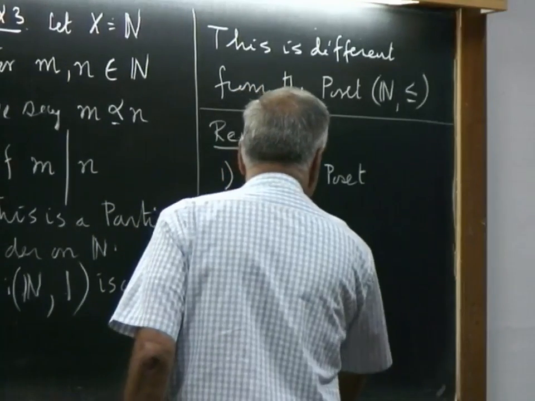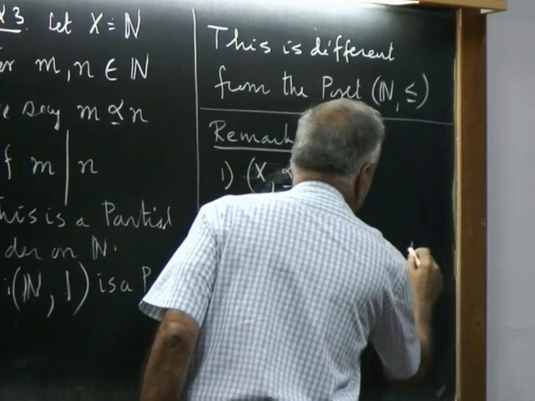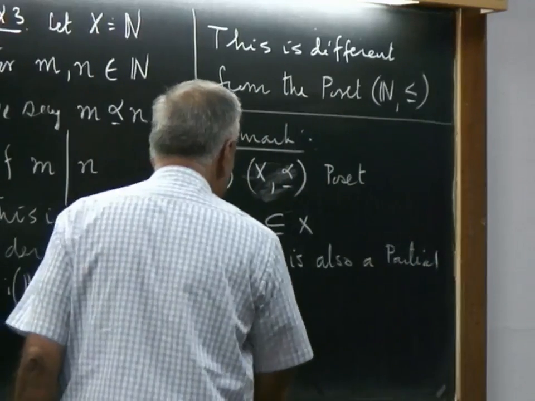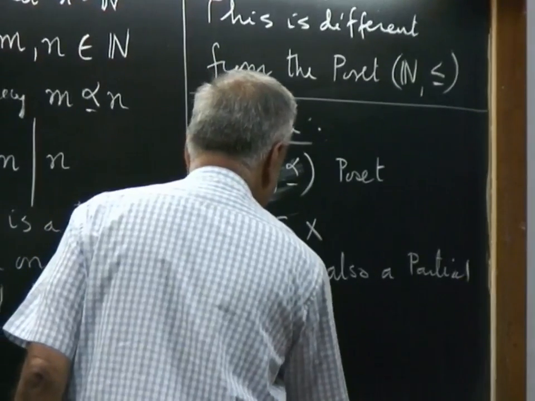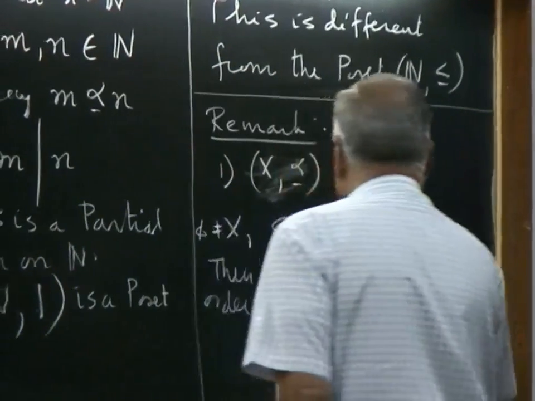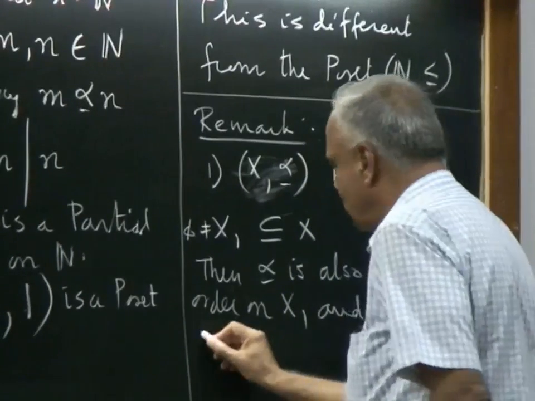Of course, I am taking X1 to be non-empty. So, it is a partial order on X1, and X1 with this partial order is also a poset.